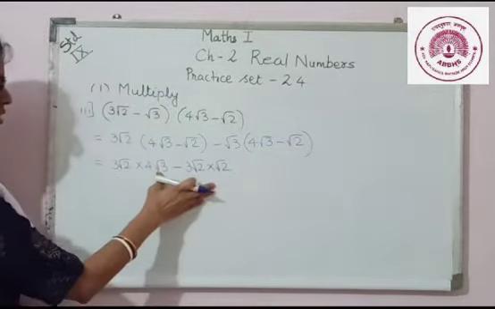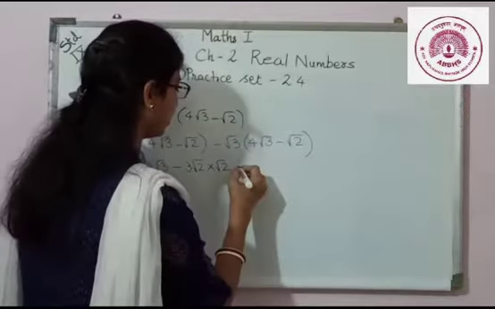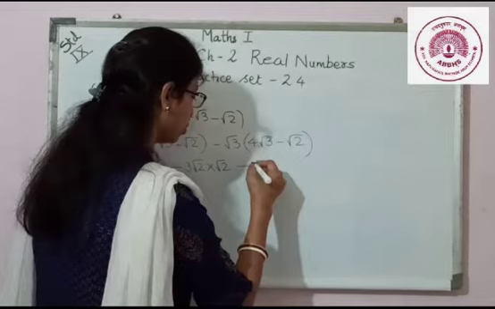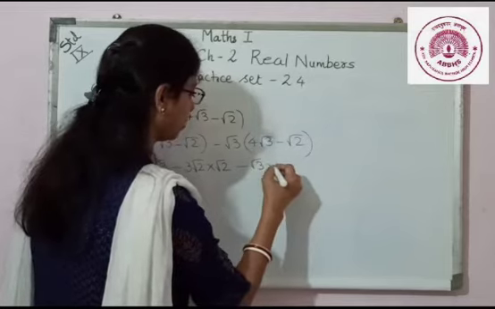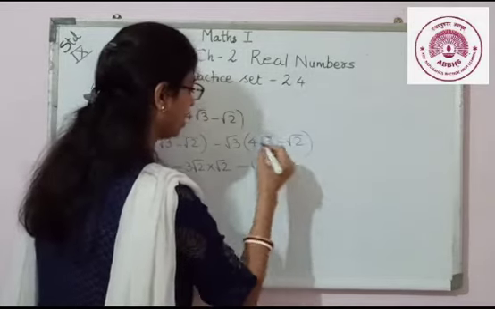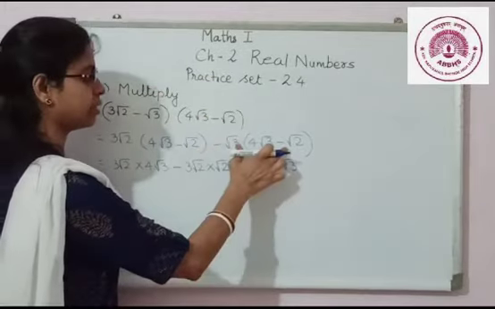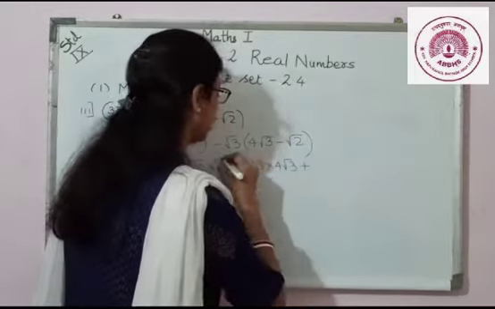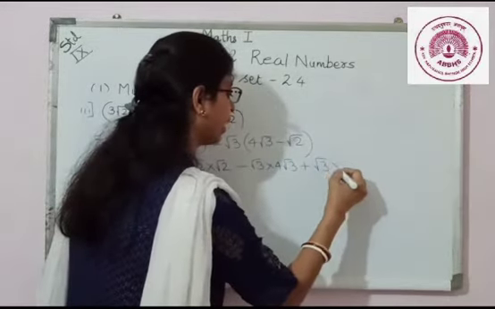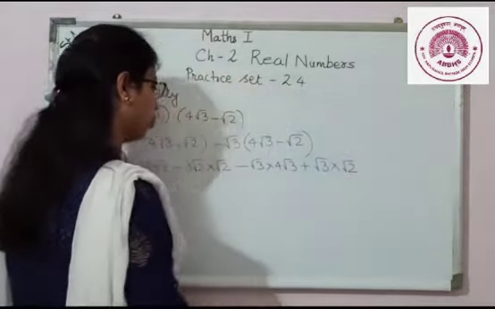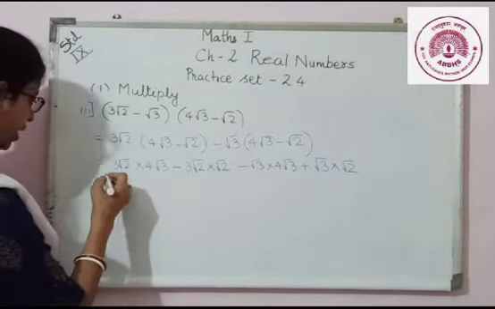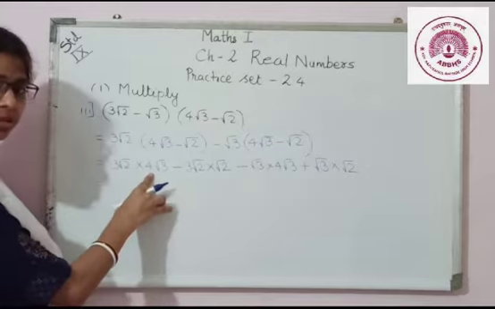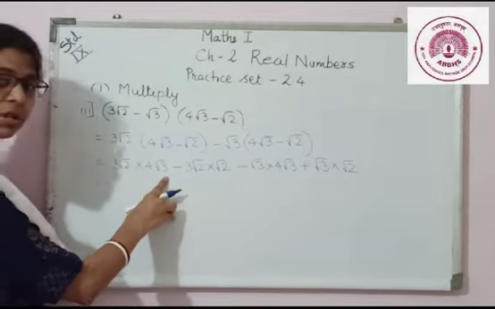Okay, so first bracket is done. Now the second bracket, middle sign is minus root 3 multiplied by 4 root 3. Now here this is minus sign, this is also minus. So minus into minus becomes plus. So plus root 3 multiplied by root 2. Okay. Now let's multiply. So here we will multiply the rational part with the rational part and irrational part with the irrational part.